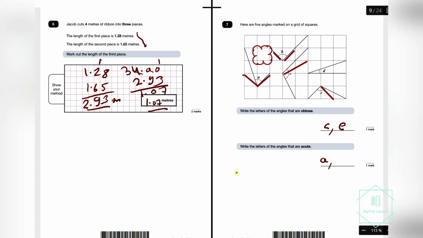So B is a 90-degree angle, which is neither acute nor obtuse. But D is covering three squares, so technically the 90-degree angle would be this. But here it is quite less than 90. So D is our next acute angle. So A and D are our acute angles.